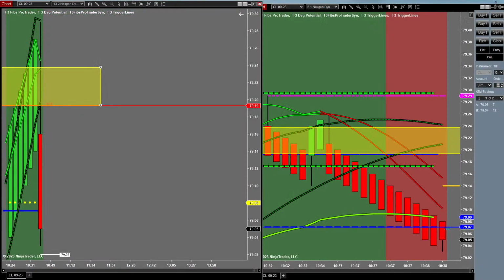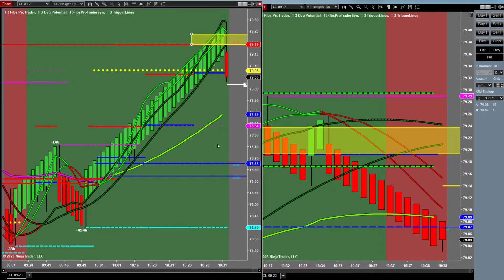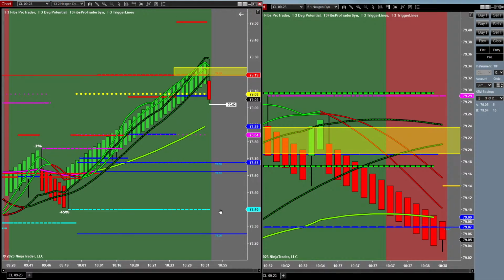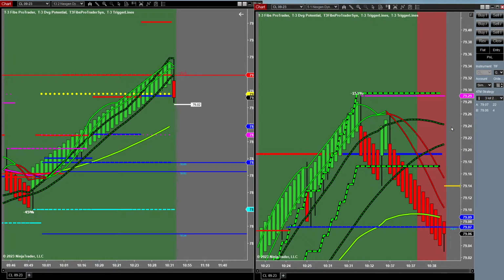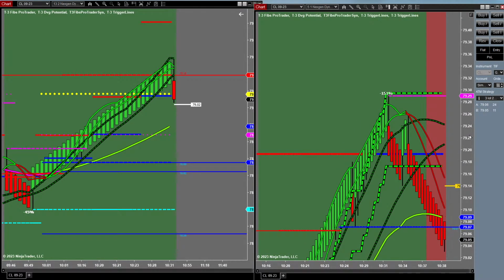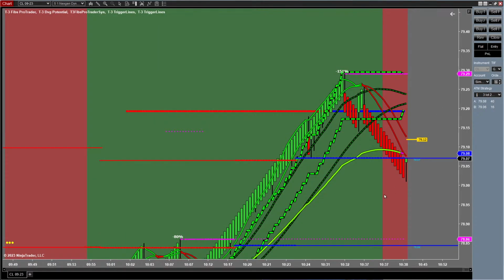Now we have to decide, is it time to go short? Do we have enough of what we need to actually start taking short trades? Or are they just going down a little bit further before they go up again? So right now, let's just read the small chart by itself. Everybody agree we're at a blue fib?